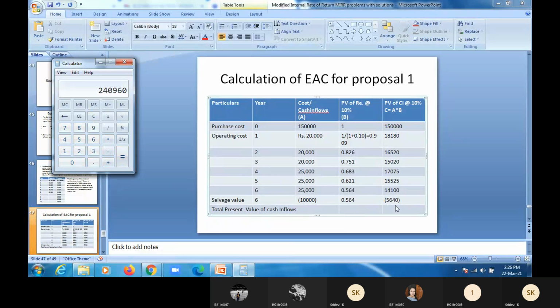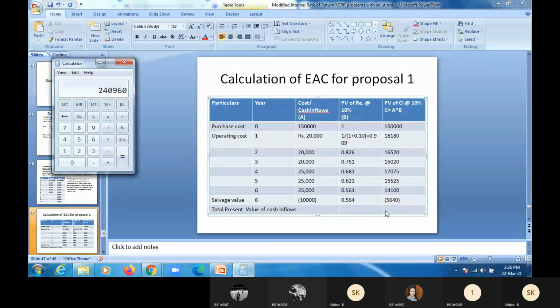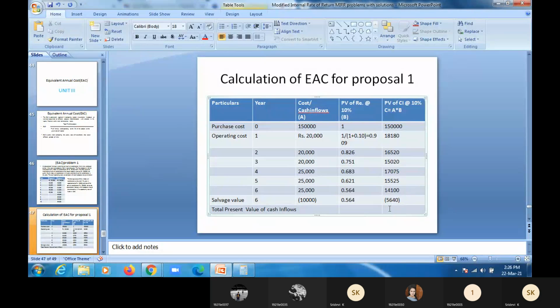At last you deduct this salvage value which was given in bracket. Bracket indicates minus. So how much are you getting as the total of C? 2,40,960.